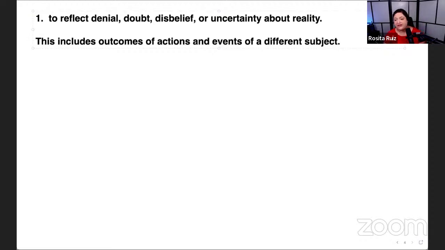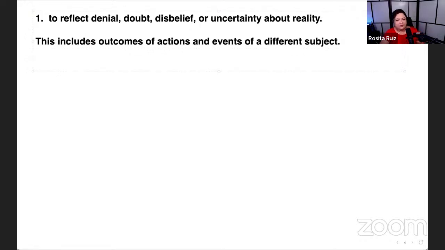That is correct. So remember, the subjunctive is part of the dependent clause, the second part of the sentence, right? Yeah.